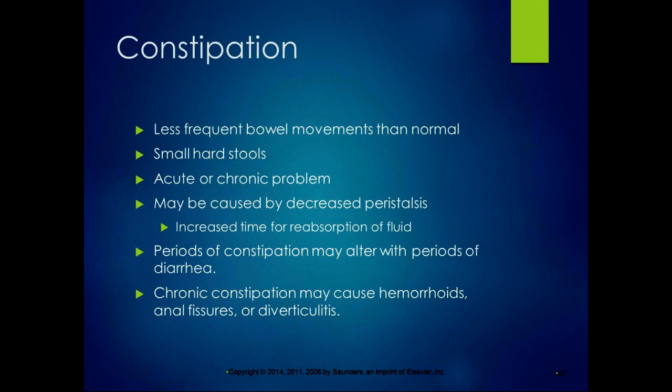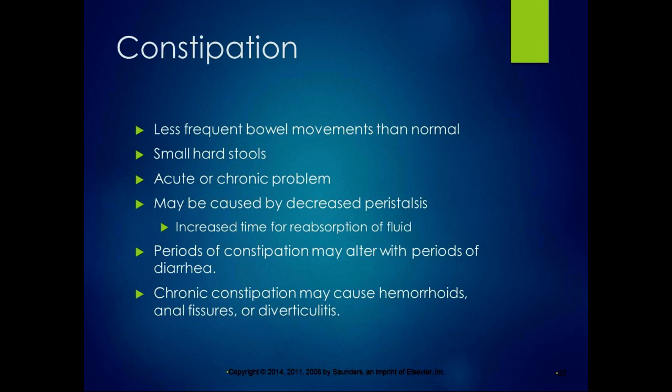Chronic constipation may cause hemorrhoids and diverticulitis and anal fissures, so it can cause a fair number of problems. You can also start to have other problems from chronic constipation, just from trying to pass these small, hard stools, like increased blood pressure, the rupture of small blood vessels, and you can even have problems with compression fractures, spinal compression fractures in people with osteoporosis.